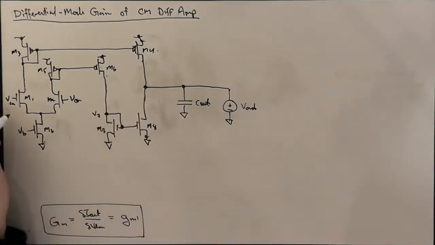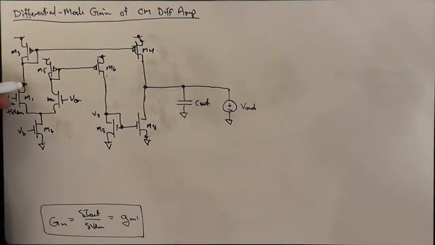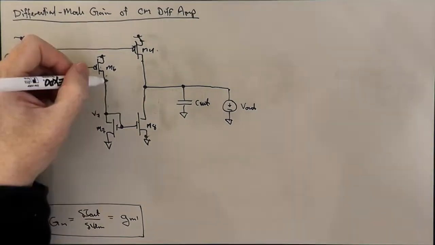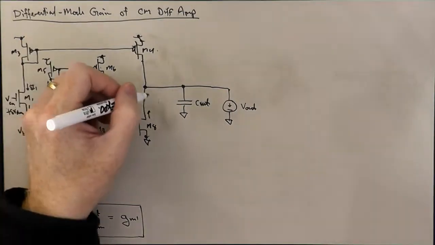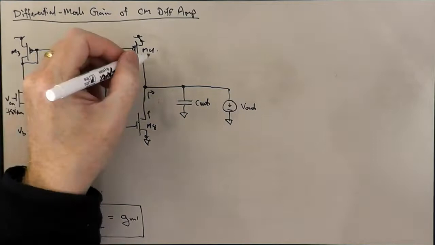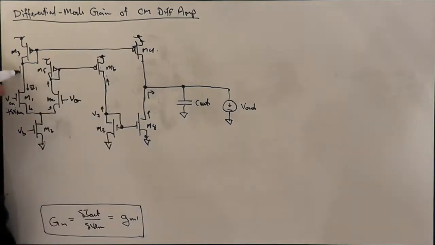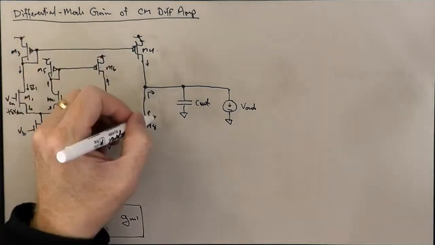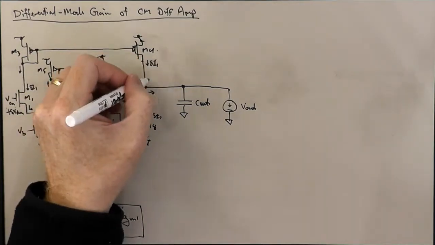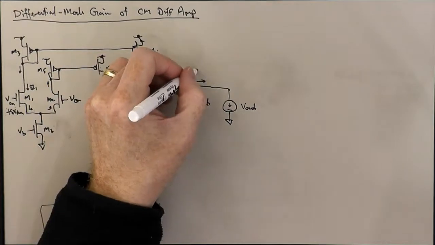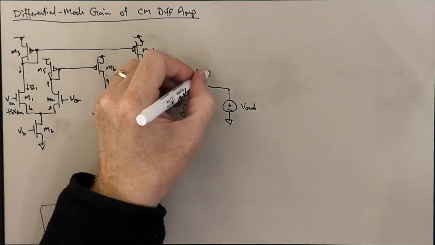Well, if we apply our delta VDM to M1 again, we again excite our delta I1, and that's going to flow again through all of these current mirrors toward the output here. It's going to flow out of M3, M4, so this is delta I1, this is also delta I1, and we're interested now in the delta I out that flows out of the circuit.